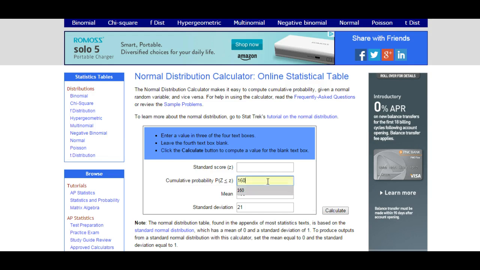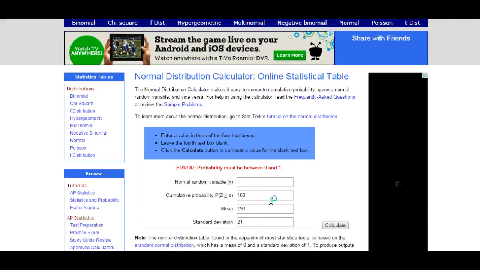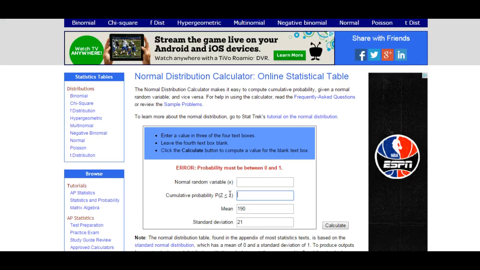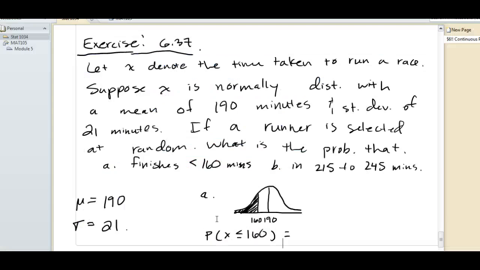Does it work this way? See, it has z less than or equal to z, so we might need to standardize and get that z-score. Let me just click this. I'm pretty sure we need to standardize, but I want to double check because I'm not so sure. All right, cool. So yeah, we do need to standardize this. So let's go back.